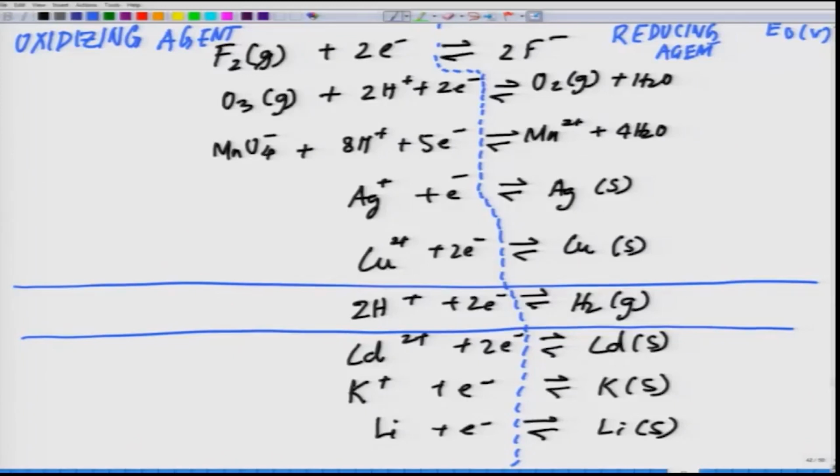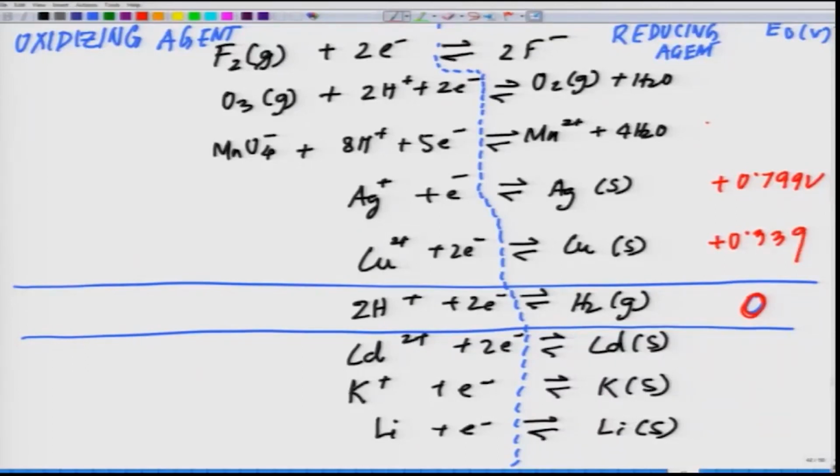Okay. So if you remember this value, this is 0. This is what we have assigned. Now you remember for silver it was positive 0.799 volt. Now copper, which is plus 0.339. Okay.